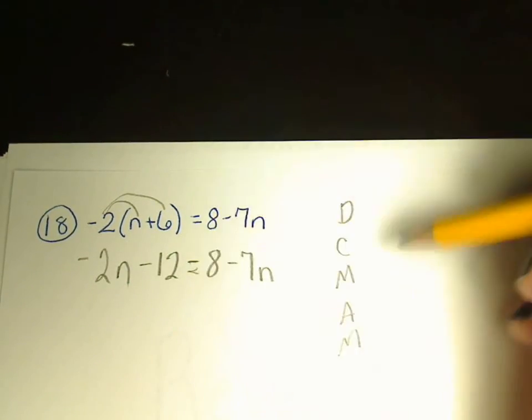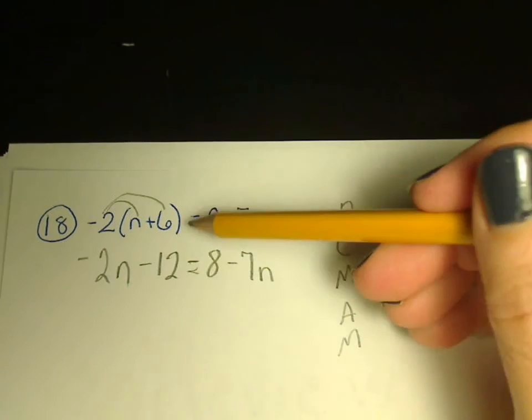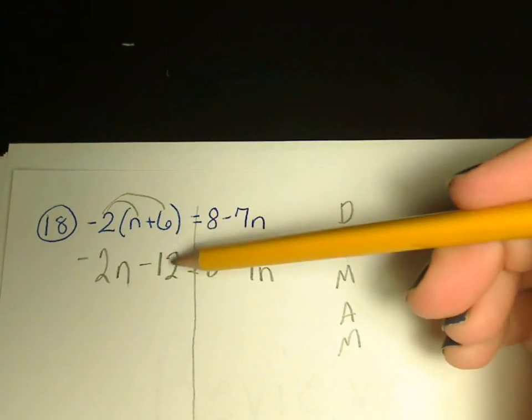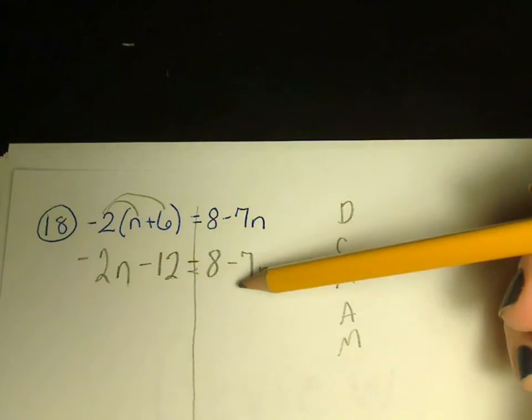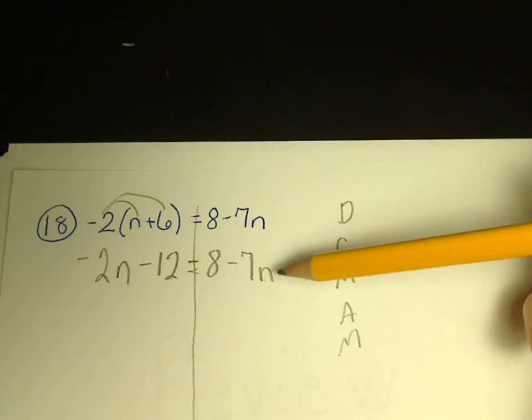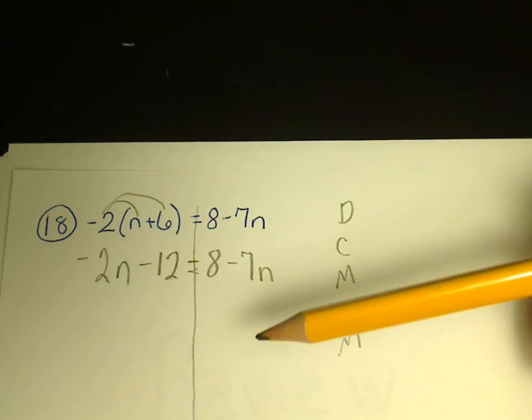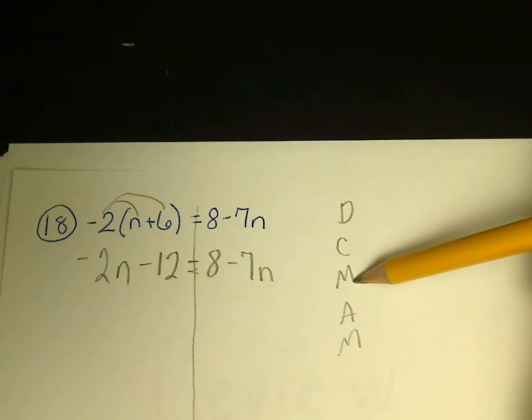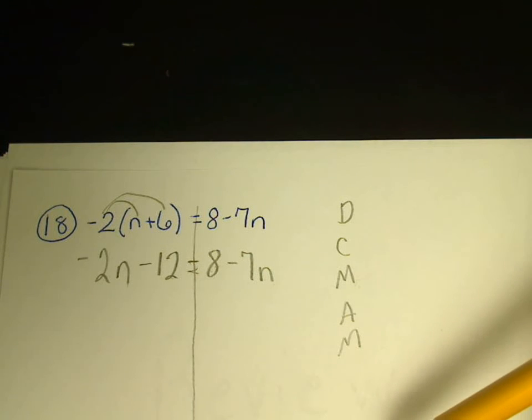Okay, so next is C, which is combine like terms. We don't have any like terms over here or any like terms over here, because if one has an N and one doesn't, they're not like terms. Okay, what does this M then stand for?